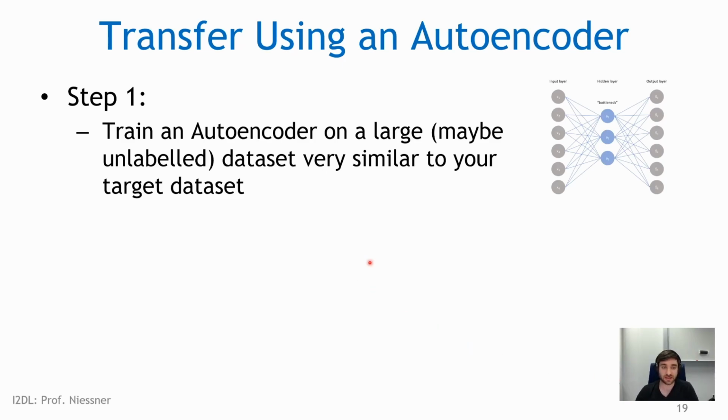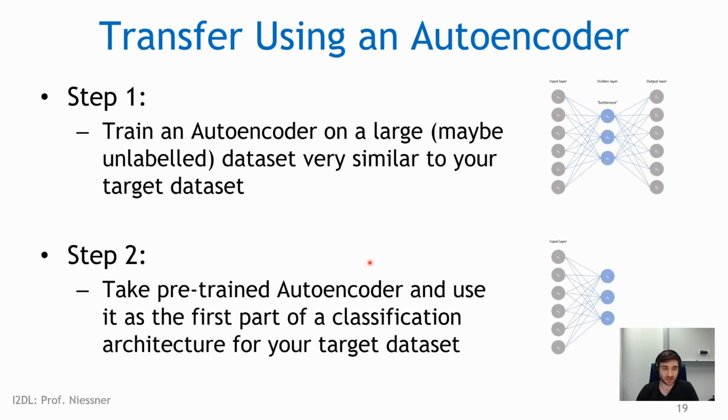After training the autoencoder to reconstruct the input, in the second step we take the encoder part, which is now pre-trained, and use it as the feature extractor for our classification network. That is the first part we saw previously, the feature extractor.